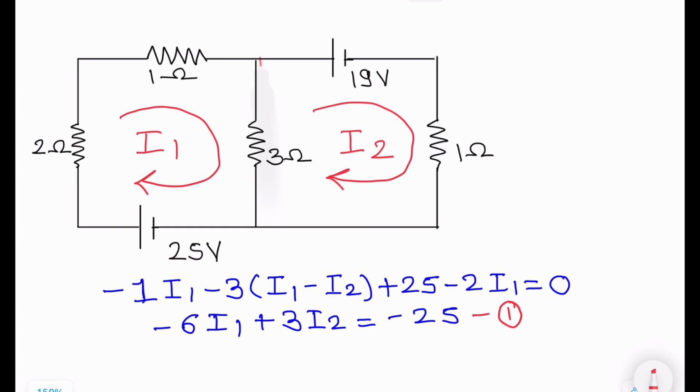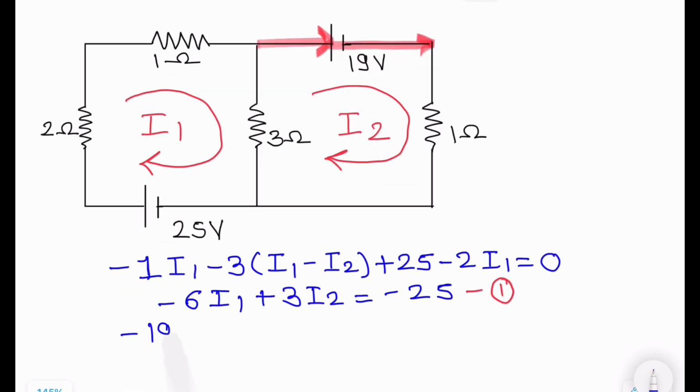Equation for loop number 2, very clear. First component, minus 19. You are moving from positive to negative, so minus 19. Second component, minus 1 into I2.